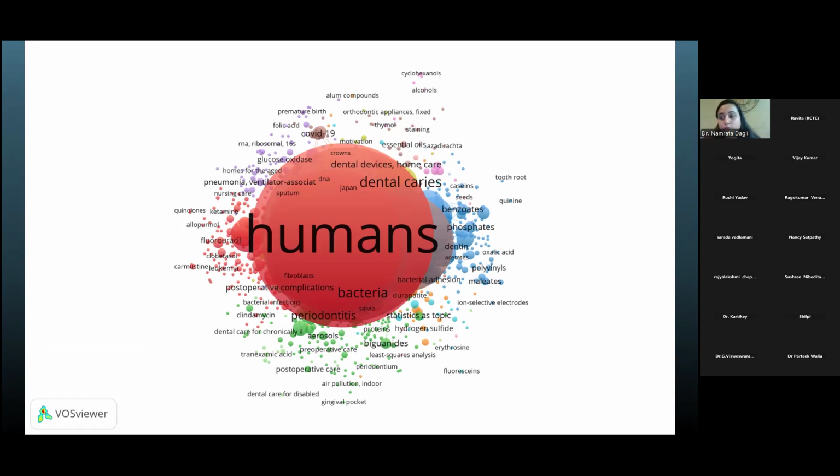And why does it not show connections? What do you feel? What is wrong? Maybe search strategy. Okay, good try. The problem with this is that the proportion is not appropriate. The size variation that should be there is not appropriately selected.